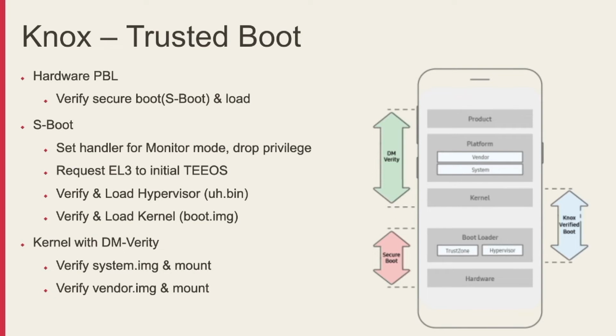The Android boot procedure starts from the primary bootloader, also called PBL. It will load the second stage bootloader. In Samsung devices, it is called Secure Boot, also known as S-Boot. Secure Boot will bring up the operating system from the boot image.